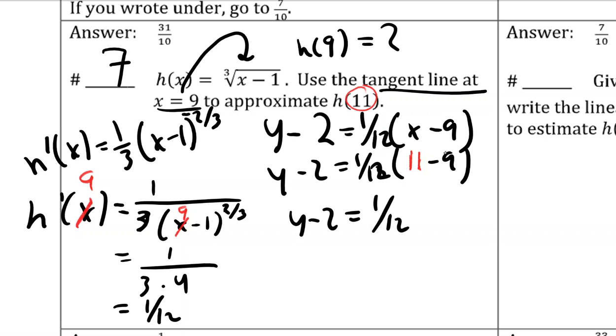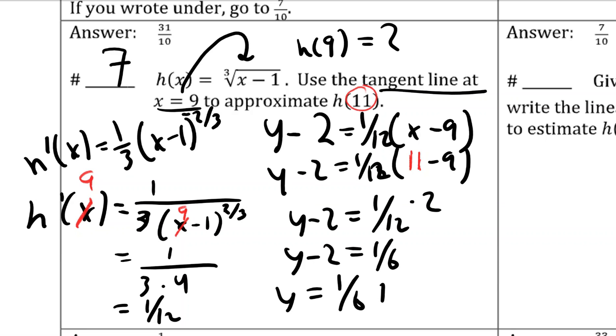Actually, I guess that's not terrible, but I'd probably just subtract these first and say 2 times a 12th is a 1/6. Add the 2 over. Maybe instead of calling it 2, we call it 12/6. So I would end up with an answer of 13/6.